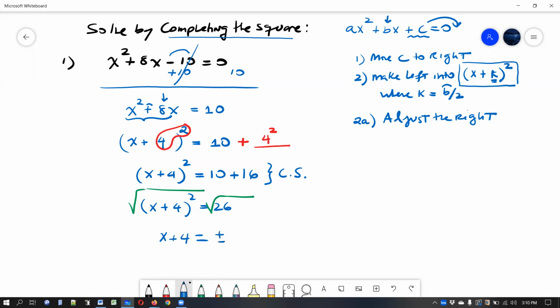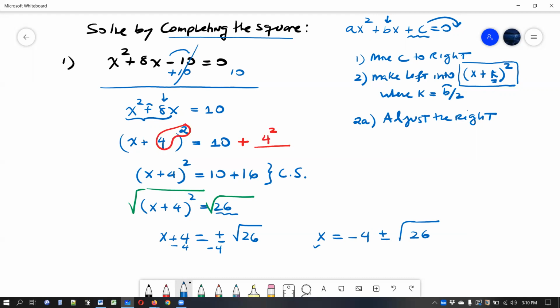Don't forget plus or minus. And in this case, I cannot simplify radical 26, so it's just radical 26. Finally, I subtract 4 from both sides, and I end up with minus 4 plus or minus radical 26. And this is my final answer.